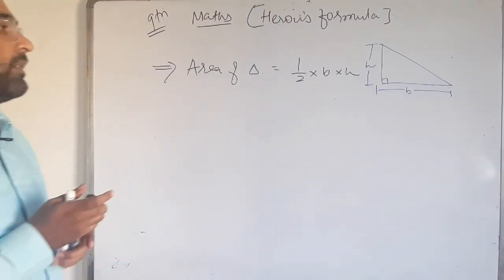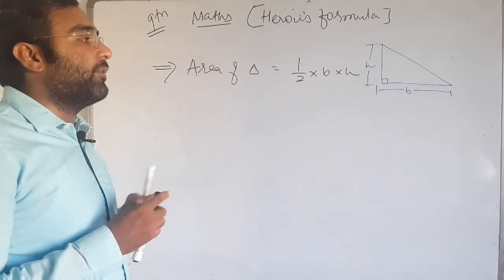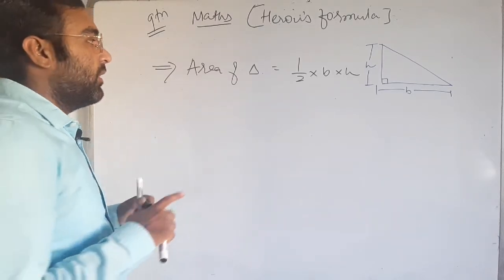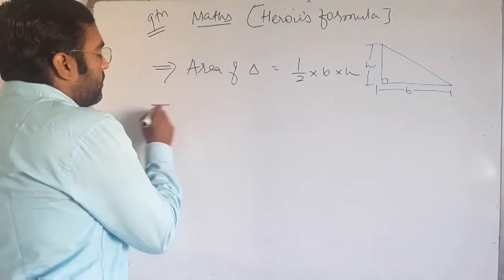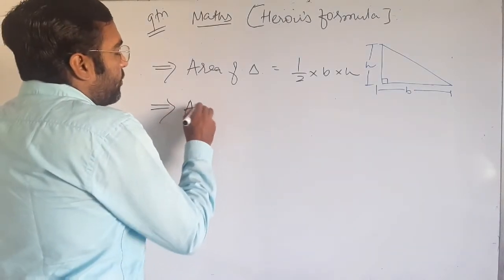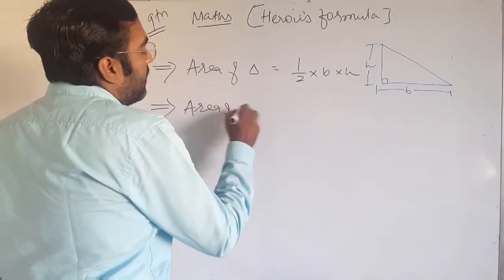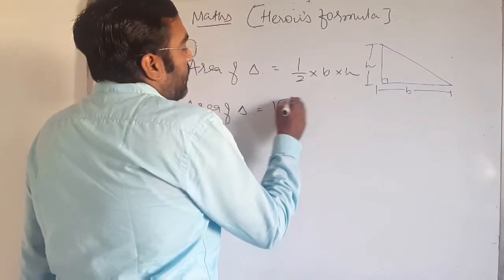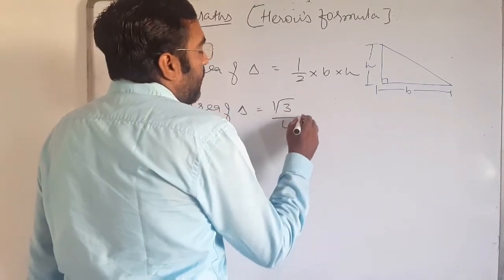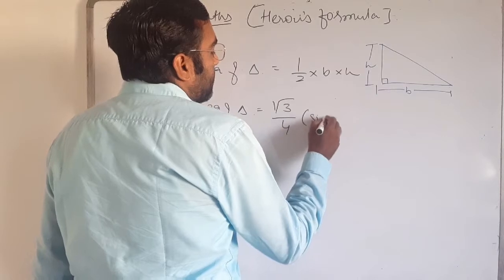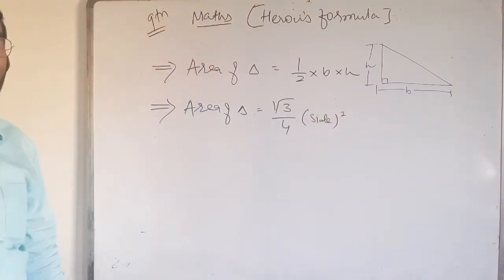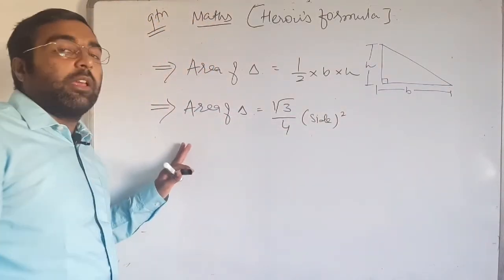So students, this is the formula you learned in the previous classes for the area of a triangle. We must write 2 new formulas for the area of a triangle. The area of a triangle is also root 3 by 4 side square. For what kind of triangle?